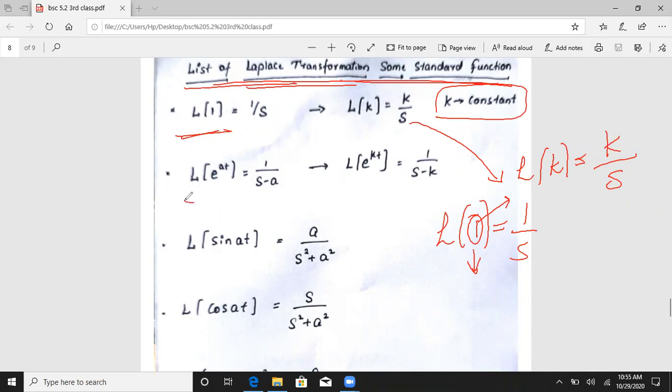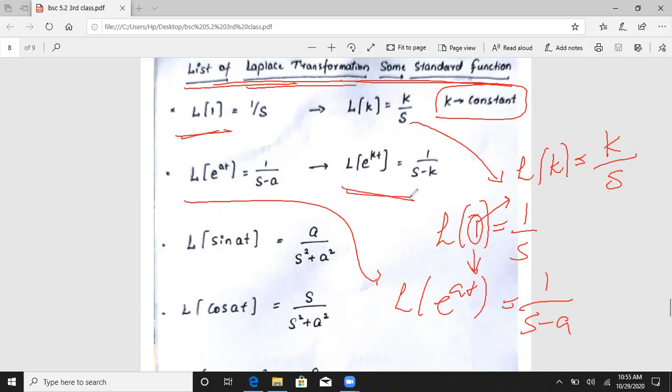Next, the Laplace transformation of e to the power at is 1 divided by s minus a. We also solved the Laplace transformation of e to the power kt, which is 1 divided by s minus k. There is no difference between these two equations.